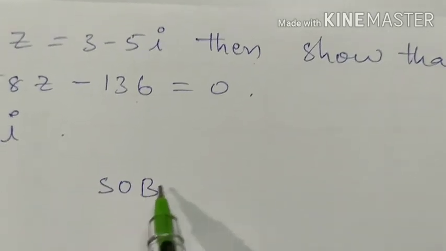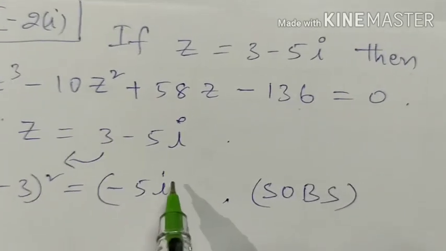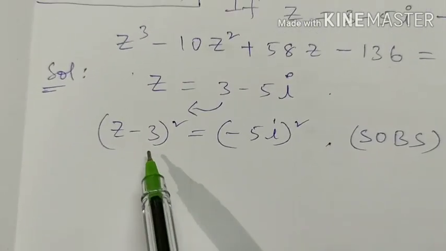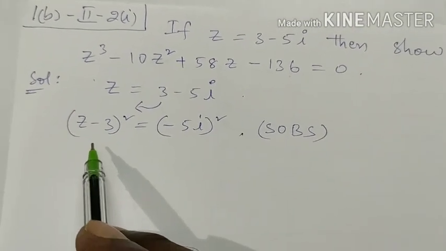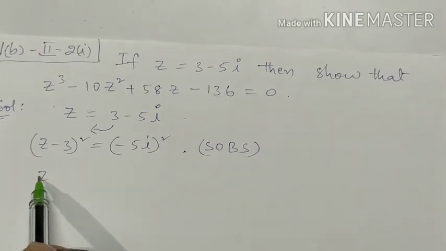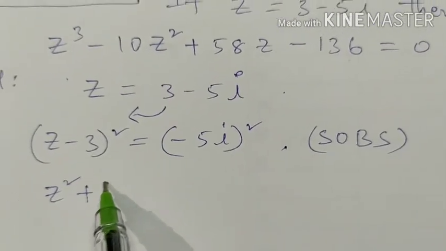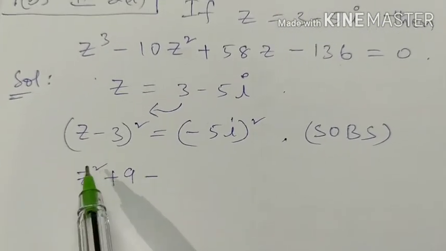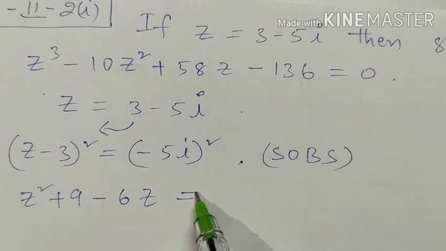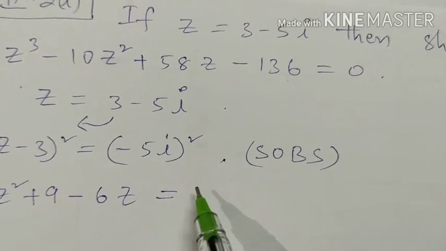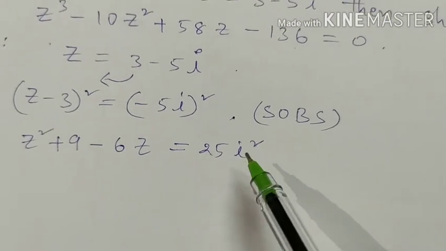Squaring both sides, this is (a minus b) whole square, expanding z minus 3 whole square using a square plus b square minus 2ab form: 3 square is 9, 2ab is 2 into z into 3, that is 6z, is equal to 5 square minus i square also, plus 5 square is 25 and i square.